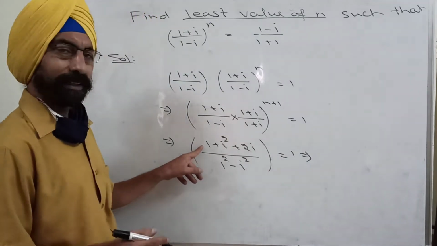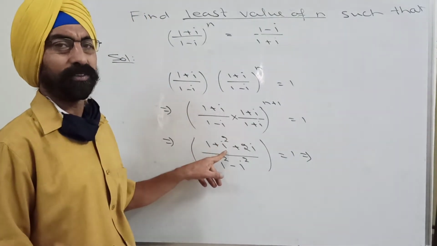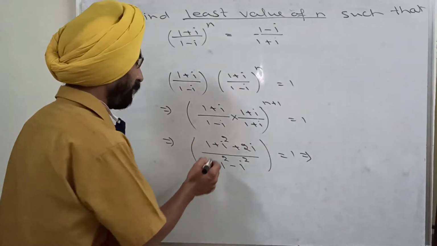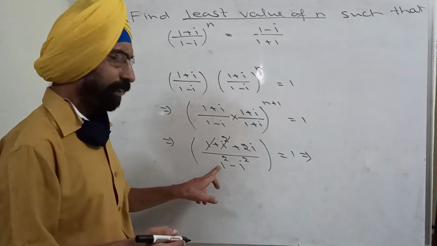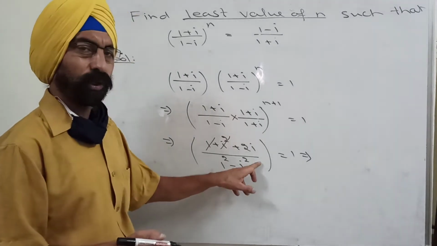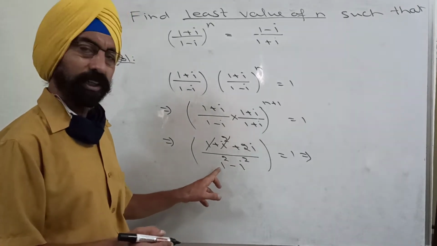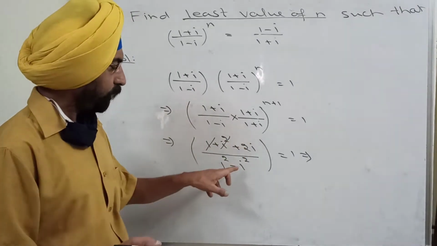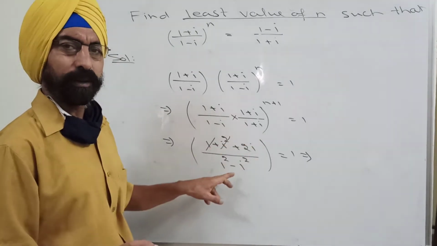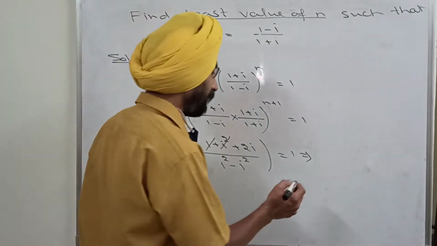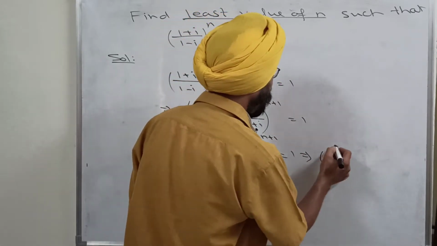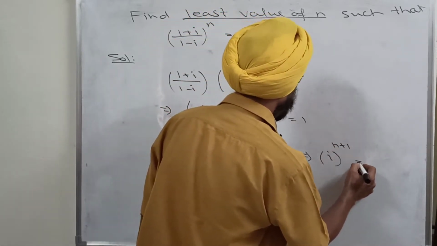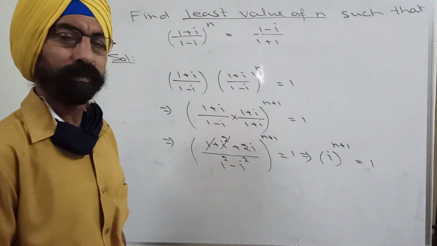This 1 and this iota square is equal to minus 1, so 1 and minus 1 will cancel out. In the denominator it is 1 and minus iota square means plus 1, so 1 plus 1 is 2. 2 iota upon 2, the 2 will cancel out. You will get iota raised to the power n plus 1 is equal to 1.